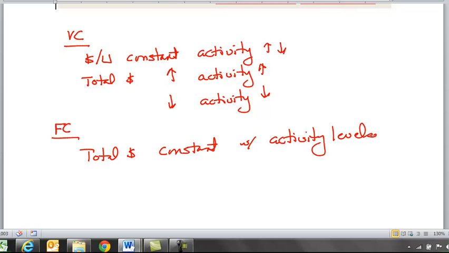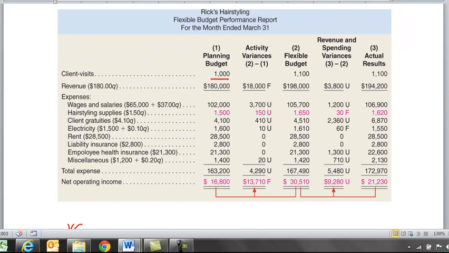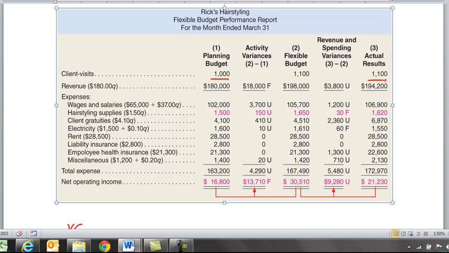As soon as you have a significant portion of variable expenses, you can't use the static planning budget for spending variances. Also, revenue variances will be different because it's going to be, what do I charge per client visit? And if my activity level is different in actual results, I can't use it because revenue is not going to be the same.